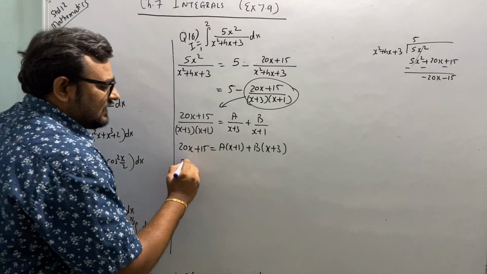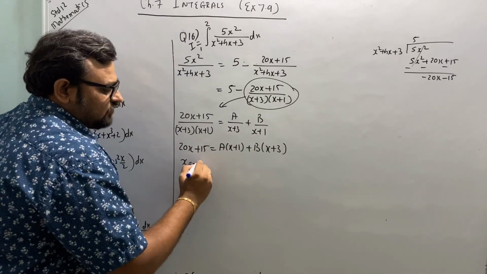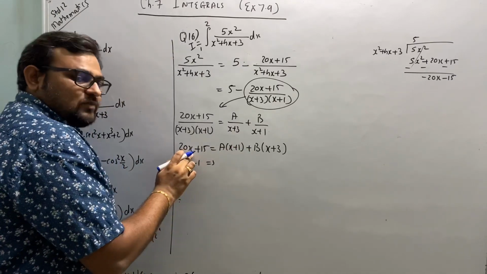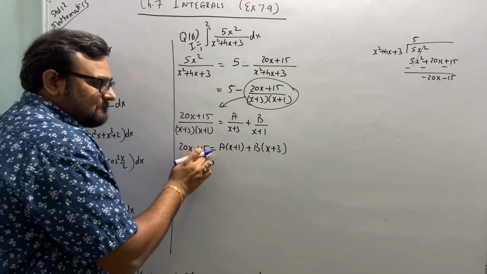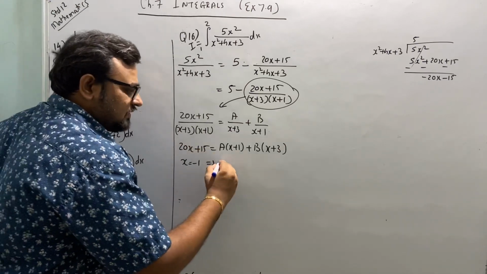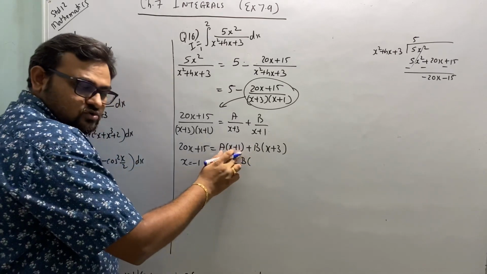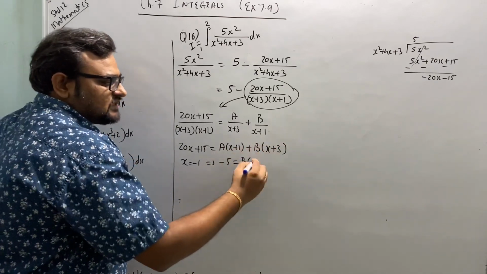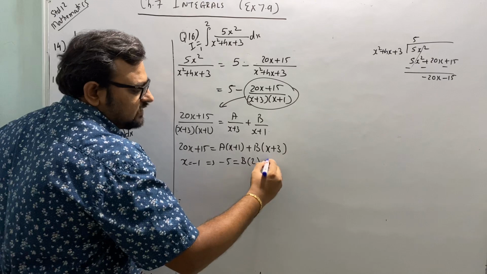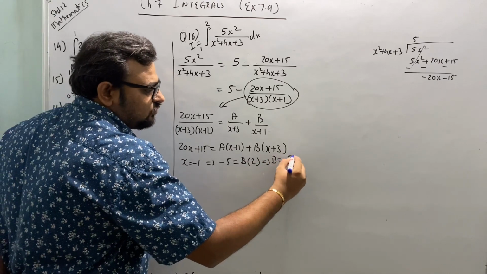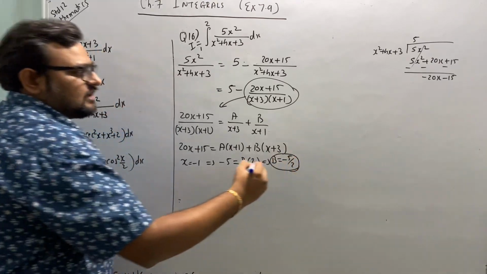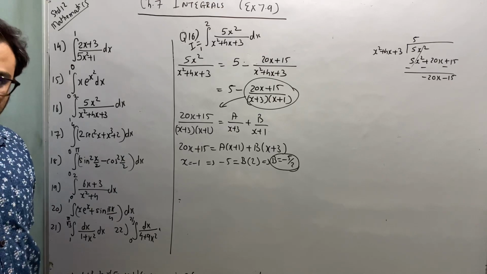So when I take this 0, means x equal to minus 1, 20 into minus 1, minus 20 plus 15, so minus 5. This will be equal to, this will be 0. B into minus 1 plus 3, that is 2. That implies B equal to minus 5 by 2. Clear?